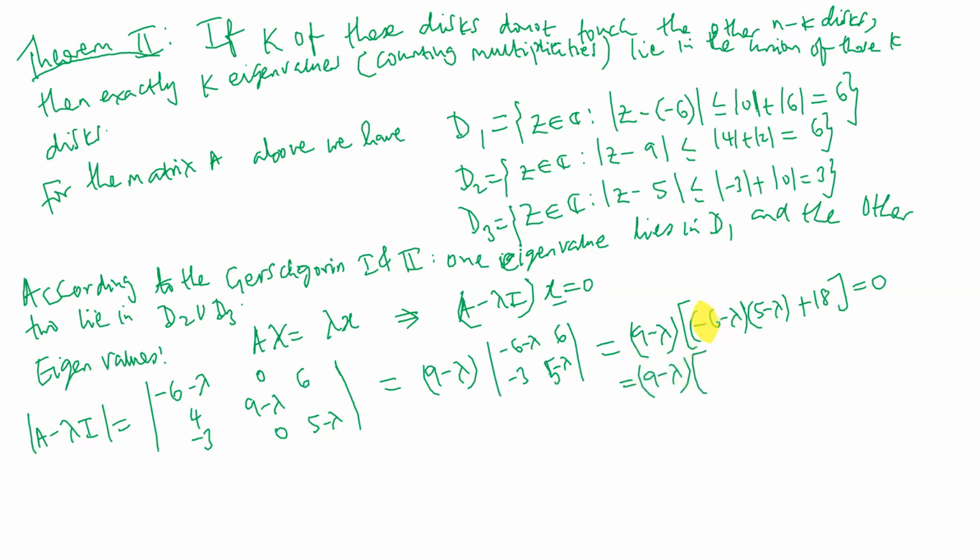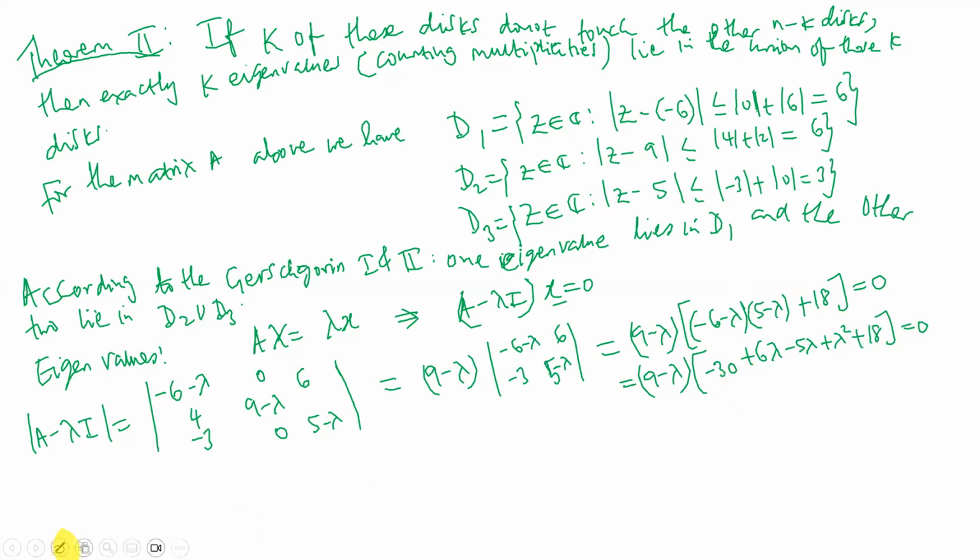So we have, this one is minus 30. This is exactly 6 lambda minus 5 lambda plus lambda squared plus 18 equals 0.